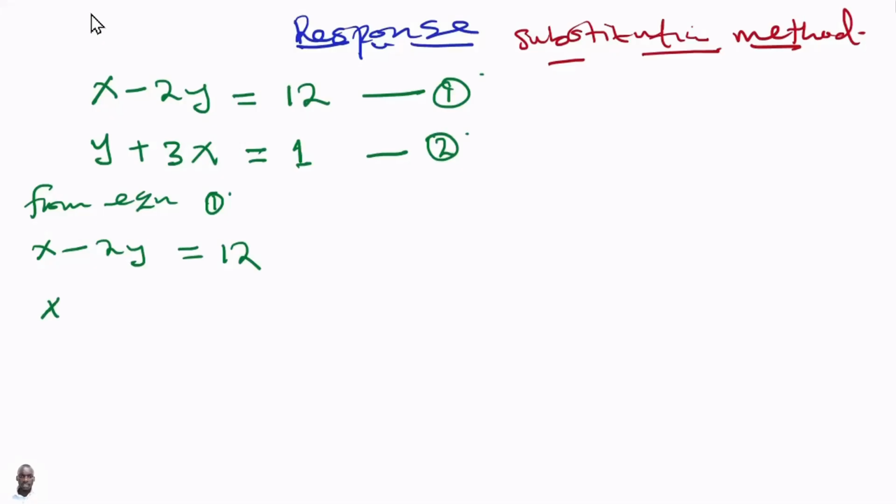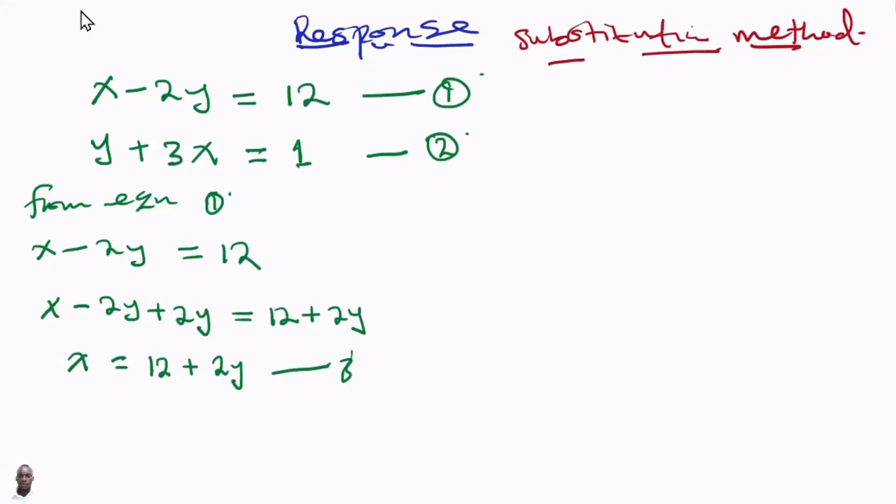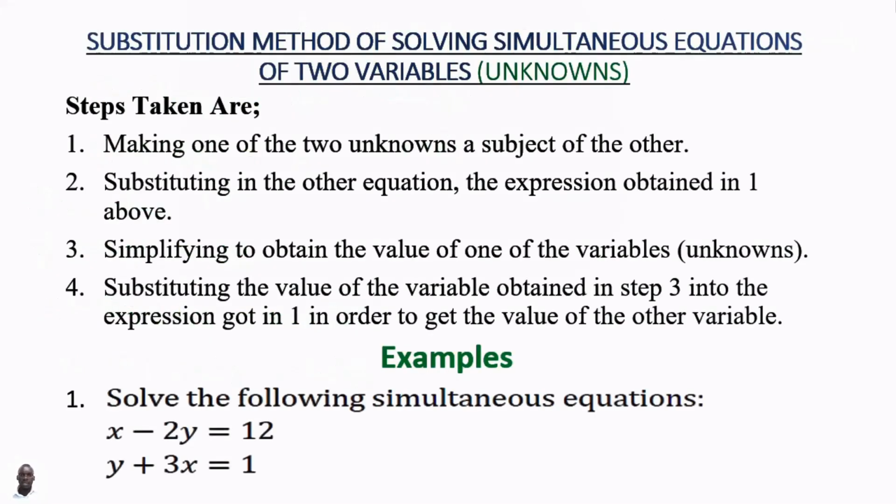We are going to have x minus 2y plus 2y equals 12 plus 2y, whereby this 2y and this 2y cancel out and remain with x alone on the left hand side being equal to 12 plus 2y. We can name this equation 3 since we already have equation 2. So that is now step number 1. We have made one of the two unknowns the subject of the other.